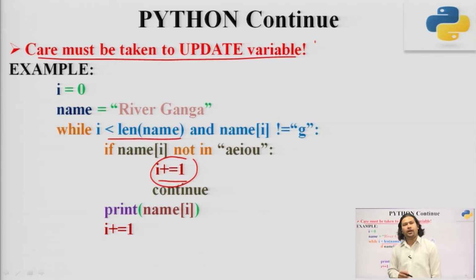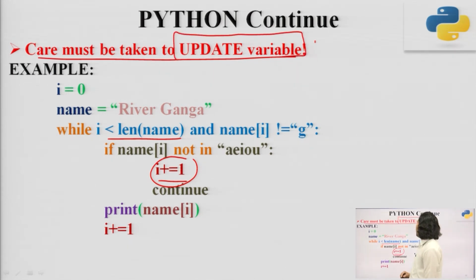Once the value of I cannot be updated, we will get ourselves into an infinite loop, and at that time it becomes infinite. So this care must be taken when we are dealing with either the continue statement or the break statement.